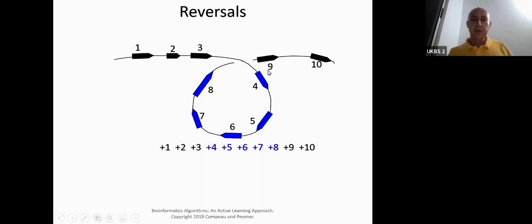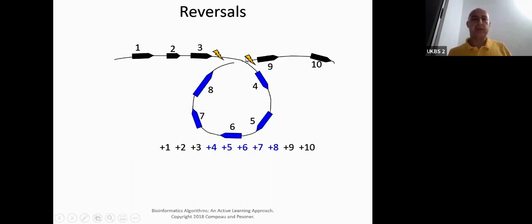It happened in this loop, and at the beginning, the sequence, the permutation was 1, 2, 3, 4, 5, 6, 7, 8, 9, and 10. Here we are going to cut it.